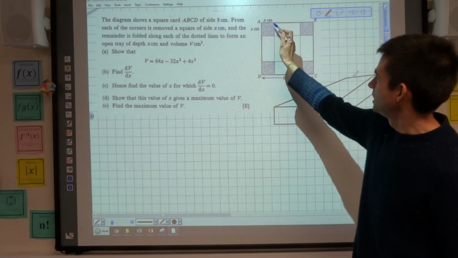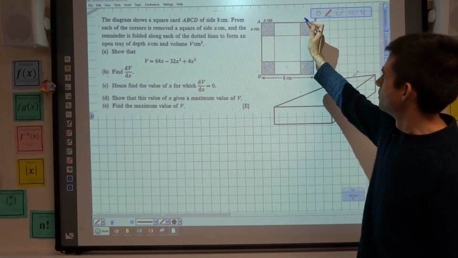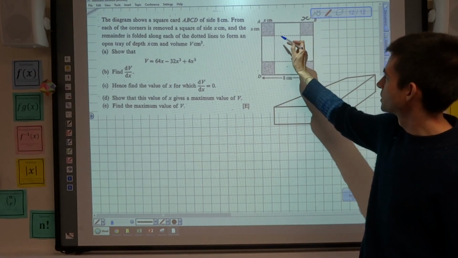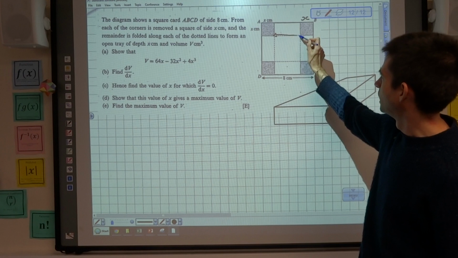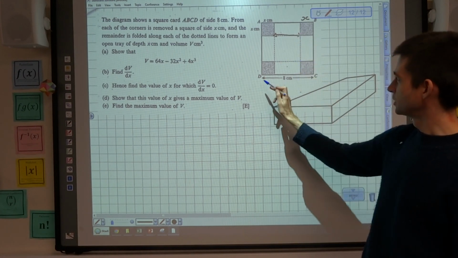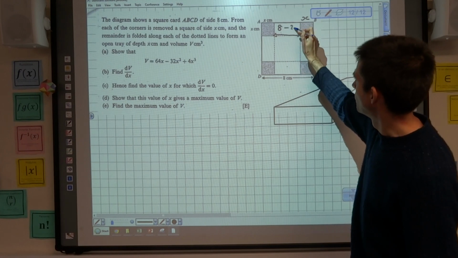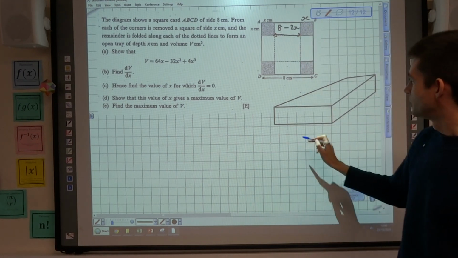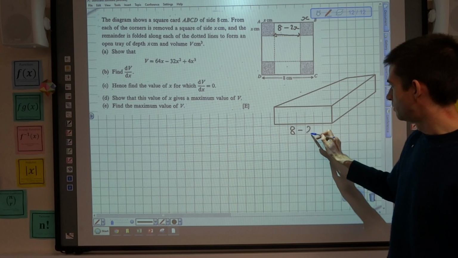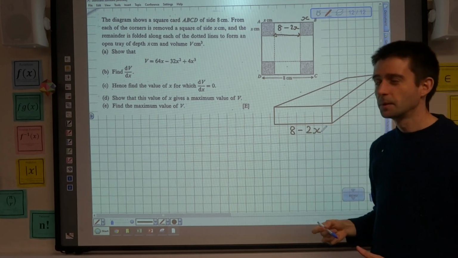We are taking x away from each end of the box. So this length here that we're going to be left with in the middle is going to be the original length 8 minus 2x. So that is going to be the length along the base of the shape.